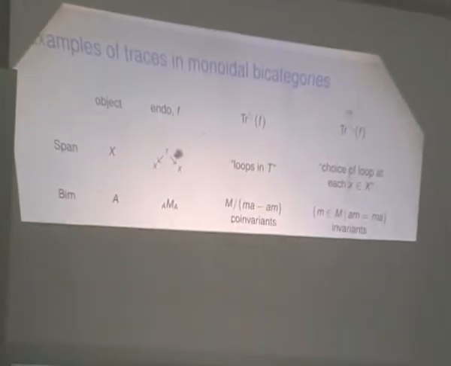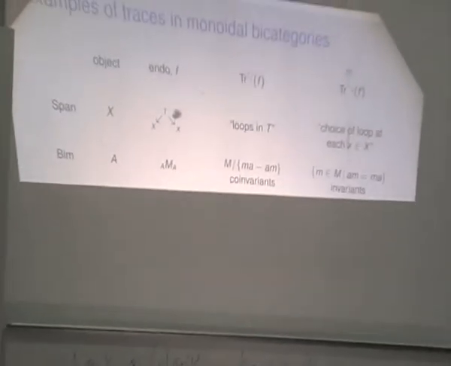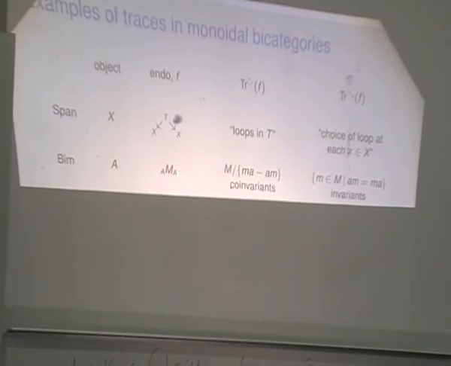Now, for bimodules, an endomorphism is just an A-A bimodule. If you work out the round trace, this should be a one morphism from the complex numbers to the complex numbers, so a module over the complex numbers, in other words, just a vector space. It turns out that it's just the module M divided by the left action by A minus the right action.